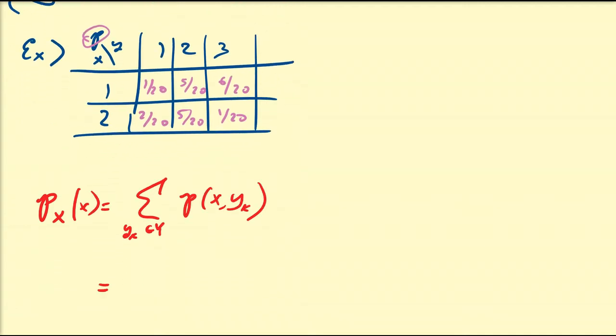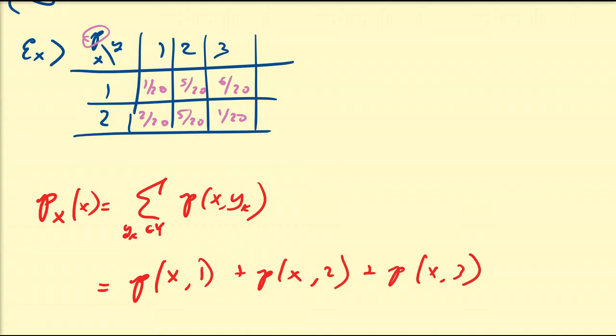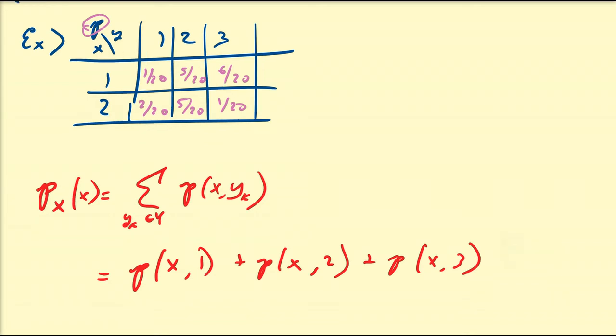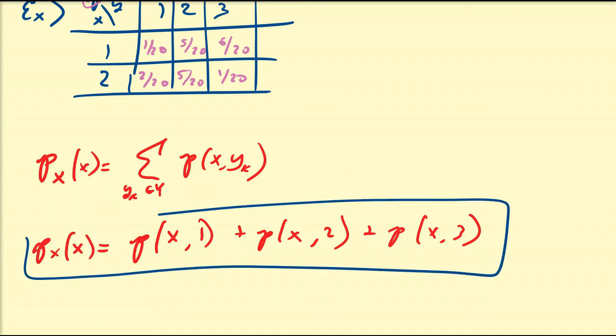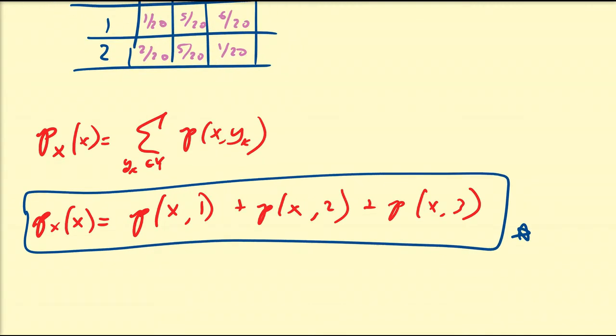So that means this is going to be equal to the probability of P(x, 1) plus P(x, 2) plus P(x, 3). So in expanded form, this is the definition of the marginal PMF for x.